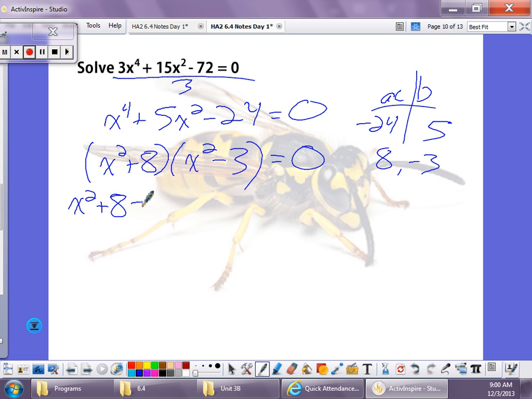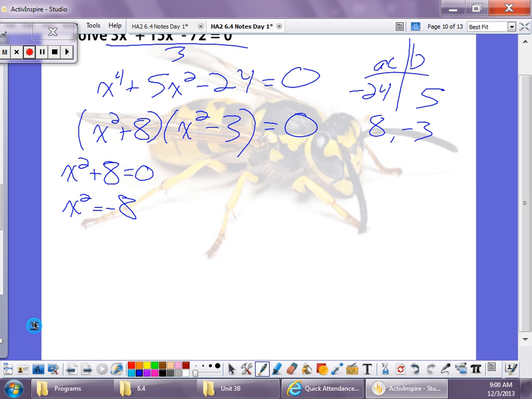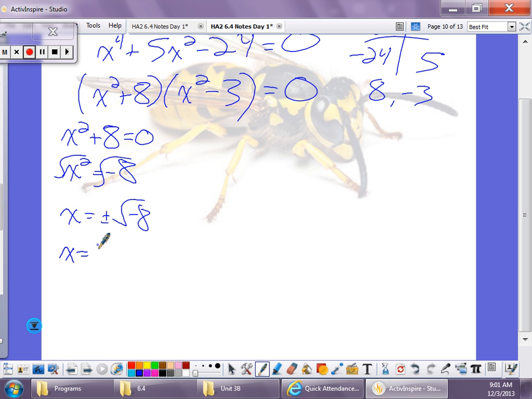So x squared plus 8 equals 0. X squared equals negative 8. You just take the square root. X equals plus or minus the square root of negative 8. What do we have to do here? Take out an i. The square root of 8 is just 2 root 2, so we get 2i root 2.